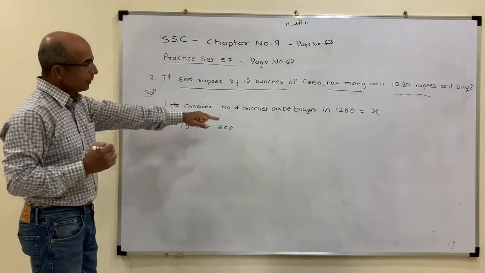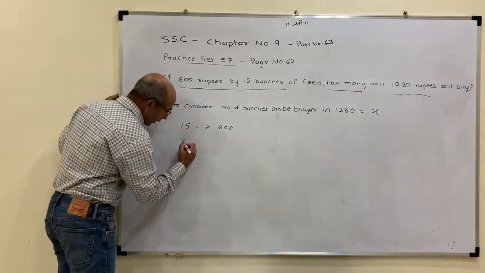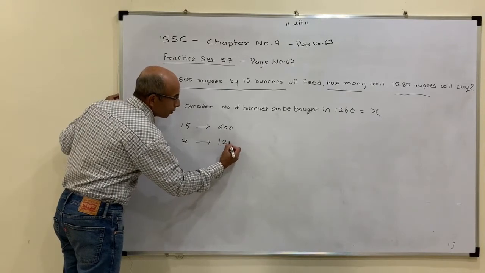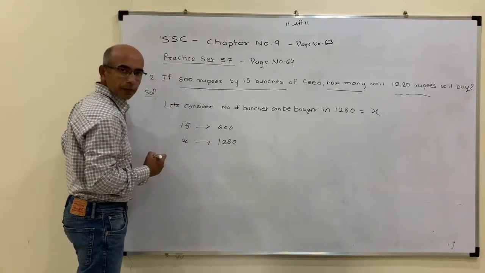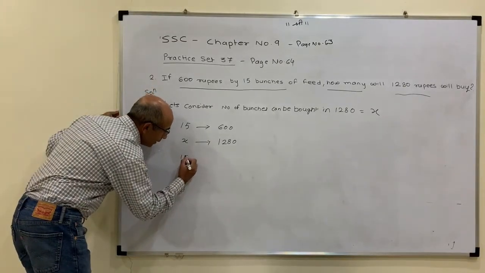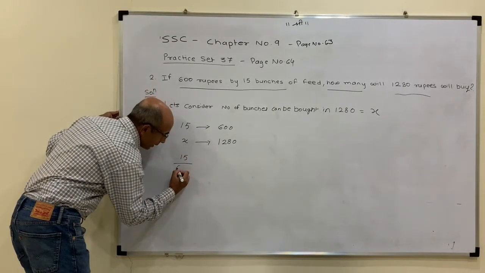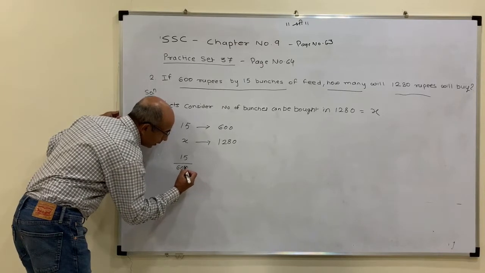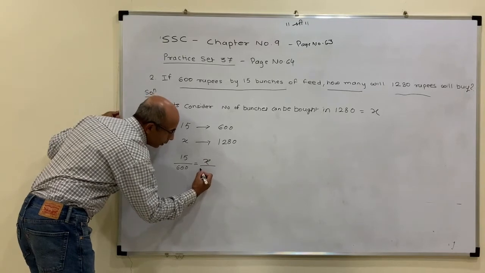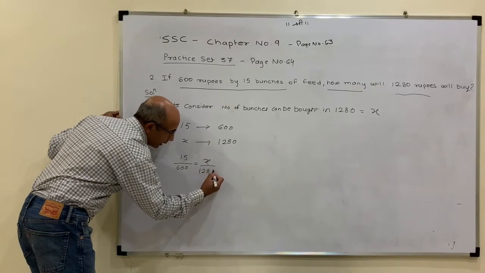And how many bunches? For x bunches we have to pay 1280 rupees. So our equation will be 15 divided by 600 equals x divided by 1280.